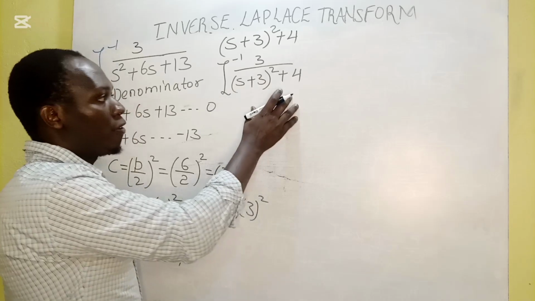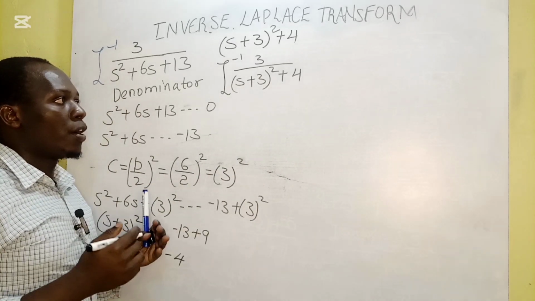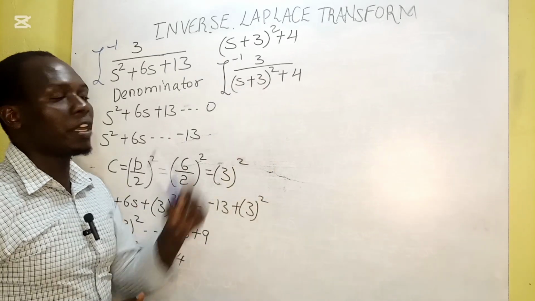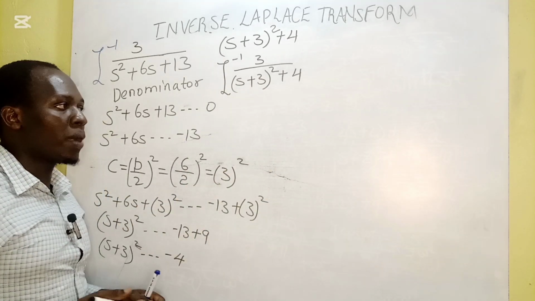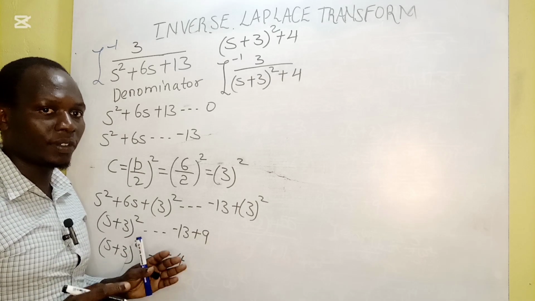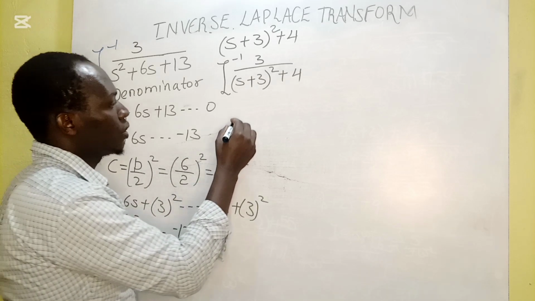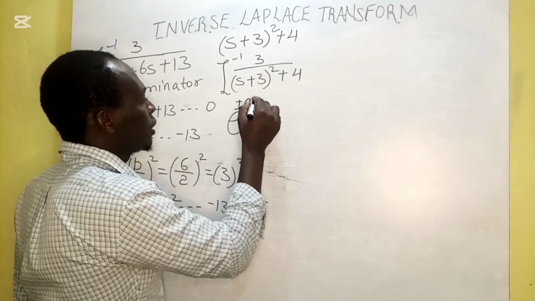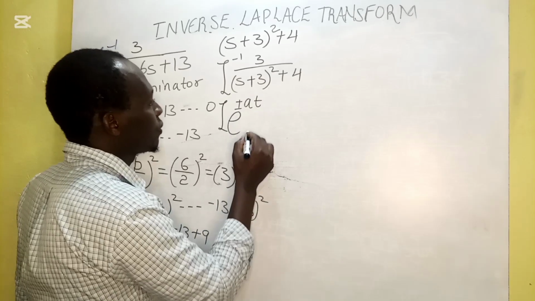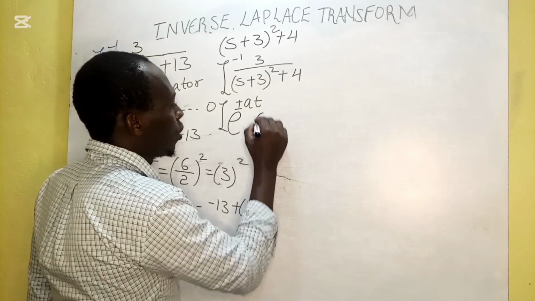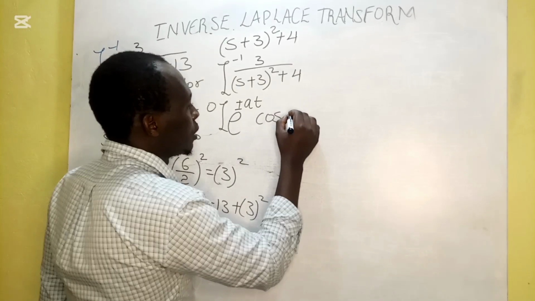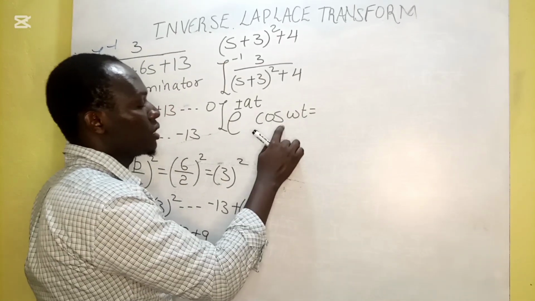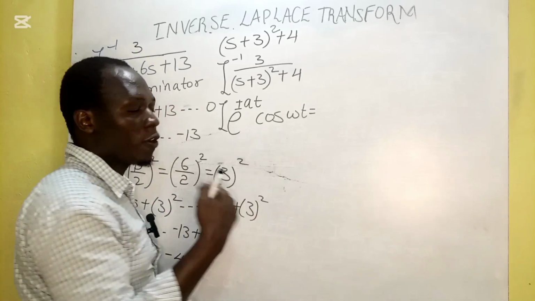When we check our function here, for us to get the inverse Laplace transform, you must understand the first shift theorem. When it comes to the first shift theorem, we understand that the Laplace transform of exponential, positive or negative at, times cos of our angle t is equal to, the first thing, we must get the Laplace transform of cos.